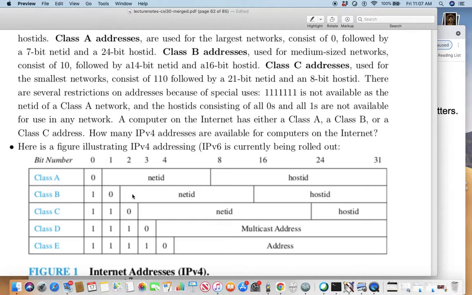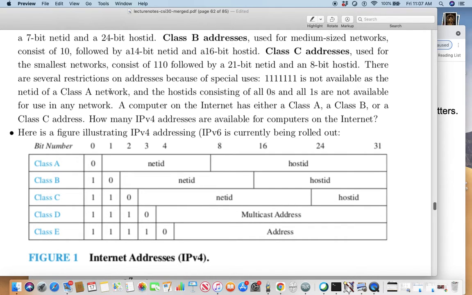Class B starts with 10 and then a net ID which is 14-bit followed by a host ID which is 16-bit. Class C consists of 110 followed by a 21-bit net ID and an 8-bit host ID.